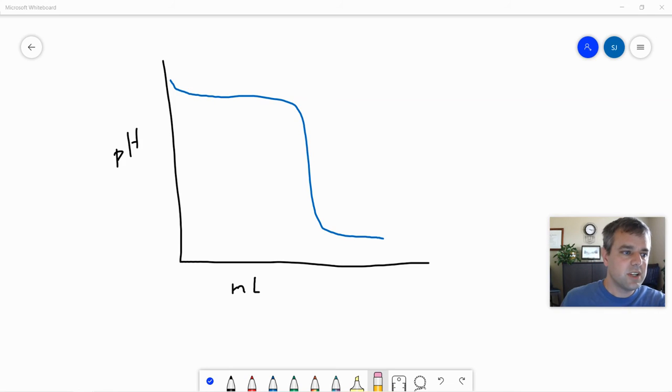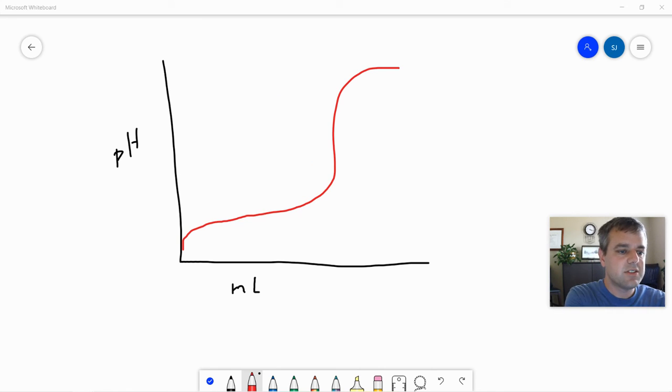So if we look at this graph where we're titrating a weak base with a strong acid, at the equivalence point, right here, this could be somewhere like, I don't know, 6 or 5 or 4 even. It's going to be less than 7 because what we have present at the equivalence point is the conjugate acid of the weak base.